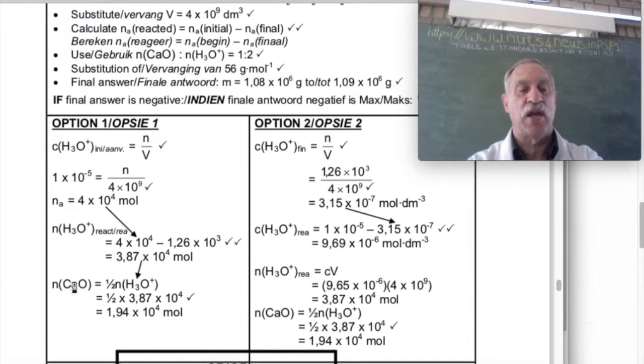But because the ratio is a half, we're going to say half of that, and there's the number of moles of calcium oxide that was used up. So it's going to be half the number of moles of hydronium ions. And so half of 3,87 is 1.94 times 10 to the 4 moles was used up.